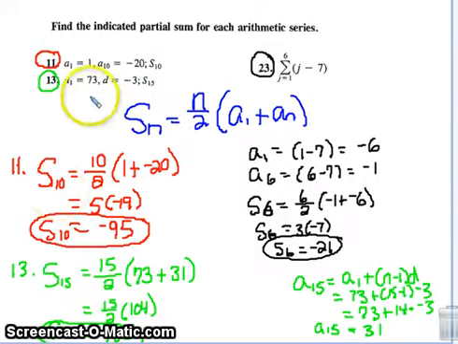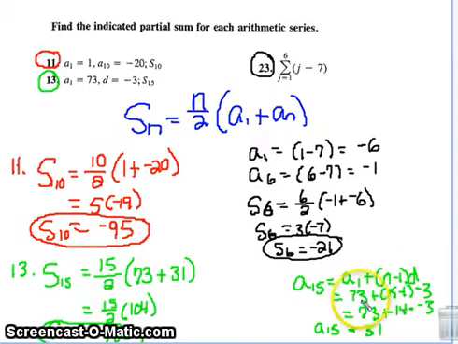And then like number 13, I wasn't as nice. Number 13, I gave you the first term, but you have to figure out what the 15th term is. But I gave you the common difference. So if you know that you have an arithmetic series, that it's an arithmetic sequence, with a first term of 73 and a common difference of negative 3, then you can use your arithmetic sequence formula of a1 plus n minus 1 times d.